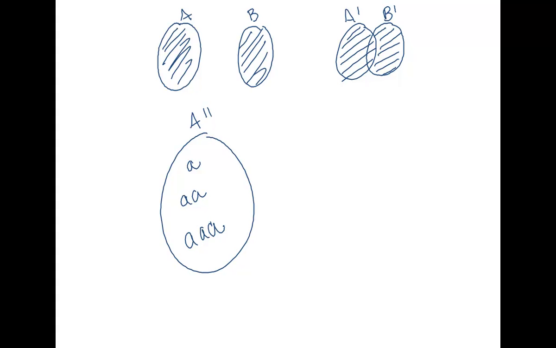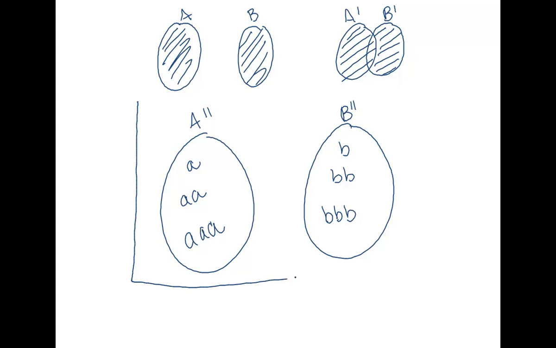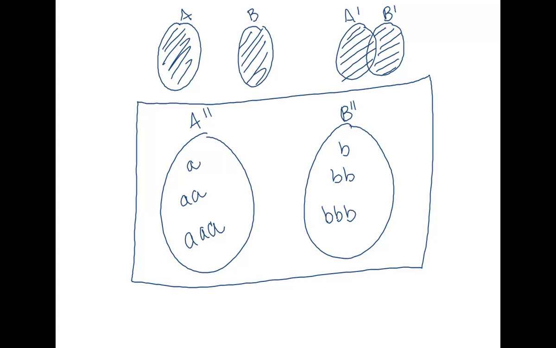And let's say that language B double prime contains the strings B, BB, and BBB. Okay, and then here's my universe. We'll draw the universe. And then everything that's not in A and B is out there in the universe somewhere else. So AB, AB, this is out here.